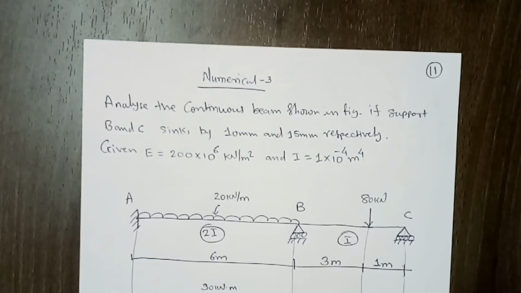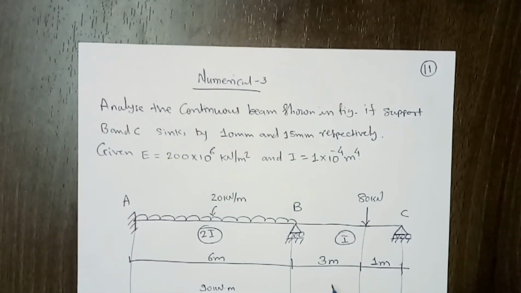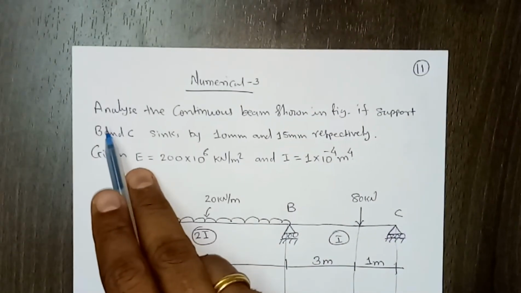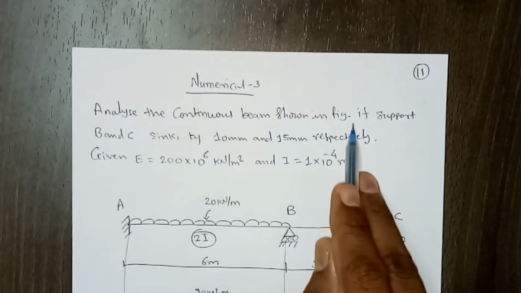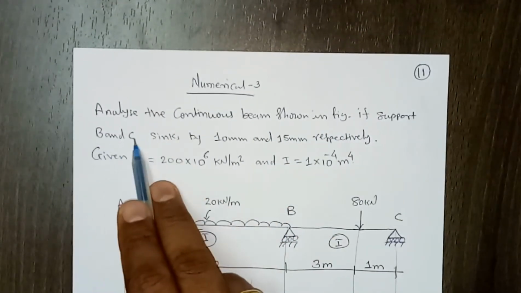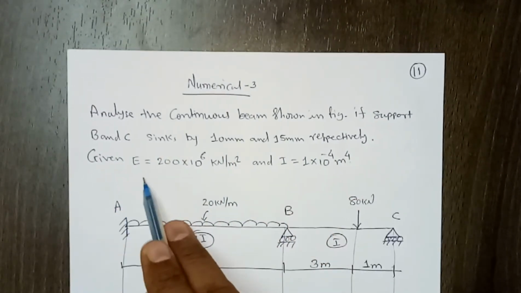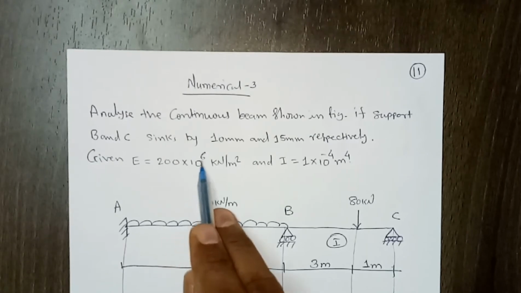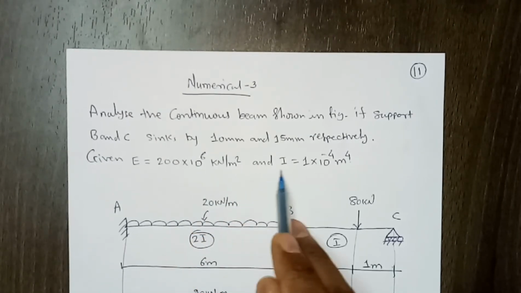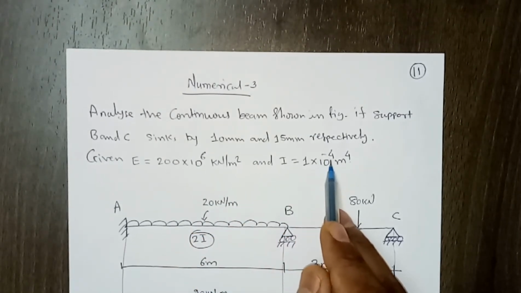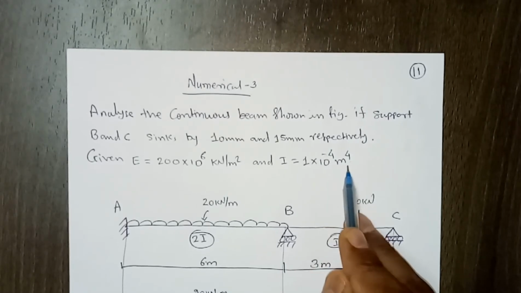So we'll see in a numerical how we can use this modified, more generalized Clapeyron's three moment equation. We'll be discussing the third numerical. What is given? Analyze the continuous beam shown in the figure if the supports B and C sink by 10 mm and 15 mm respectively, given E is equal to 2 into 10 raised to 6 kilonewton per meter square and I is equal to 1 into 10 raised to minus 4 meter raised to 4.